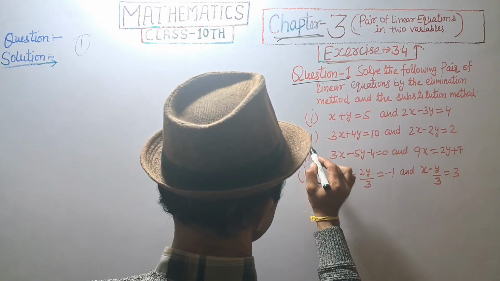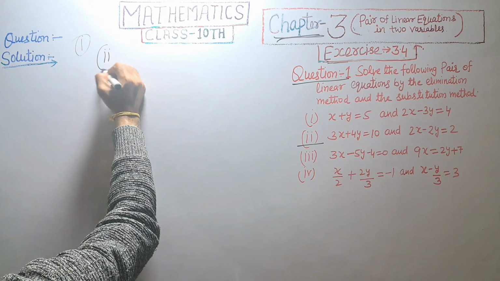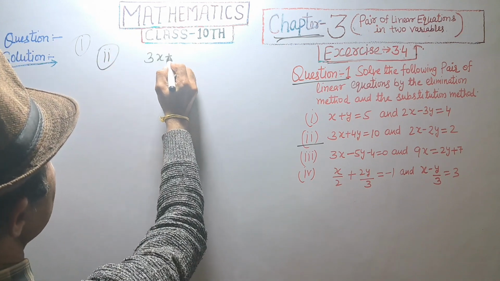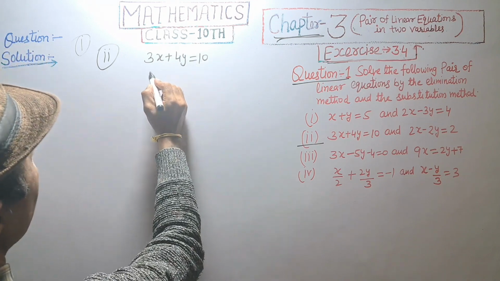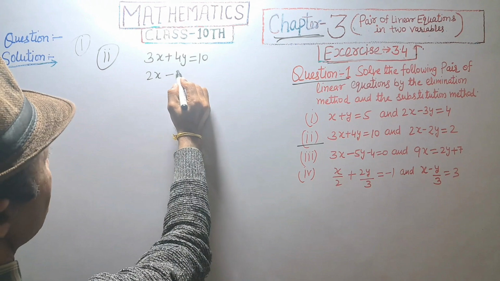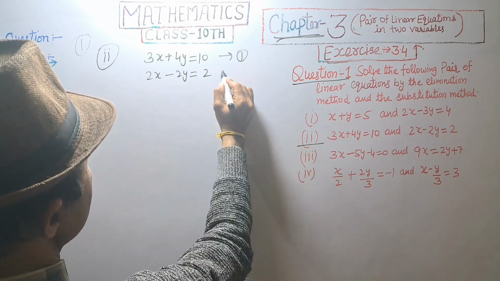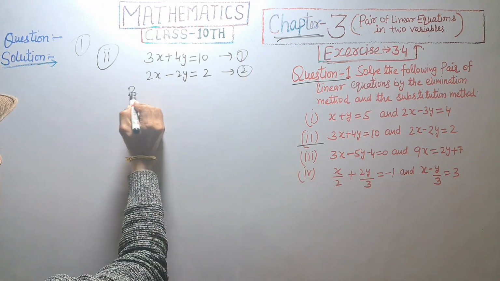Question number first, second part. 3x plus 4y is equal to 10 and 2x minus 2y is equal to 2. Equation first and equation second, by elimination method.